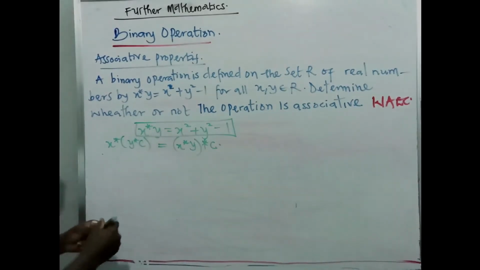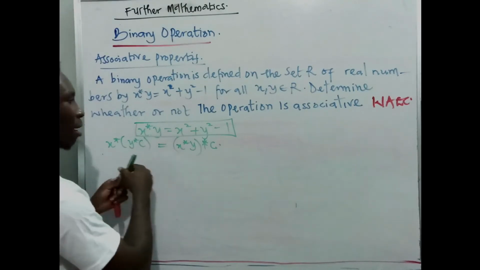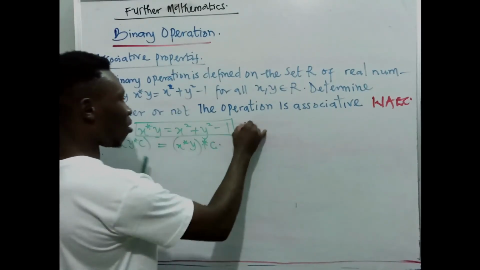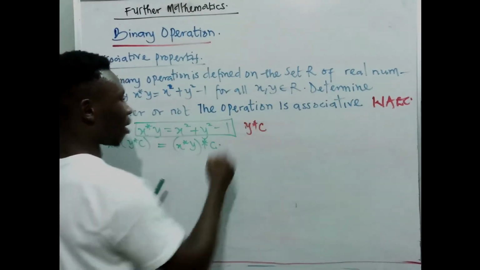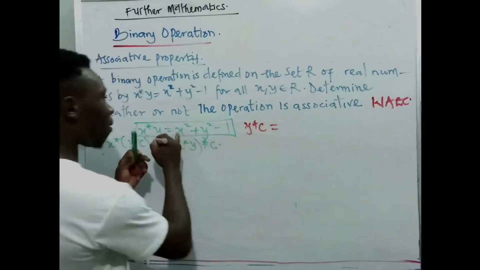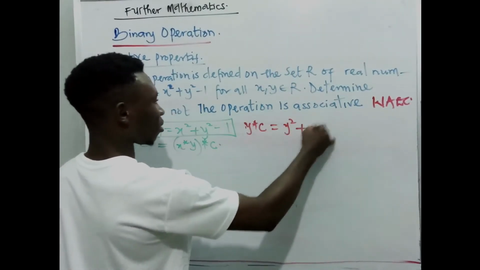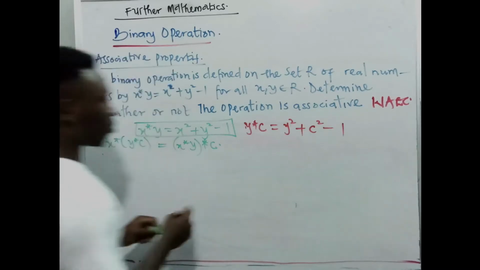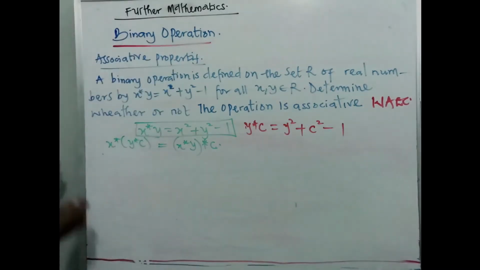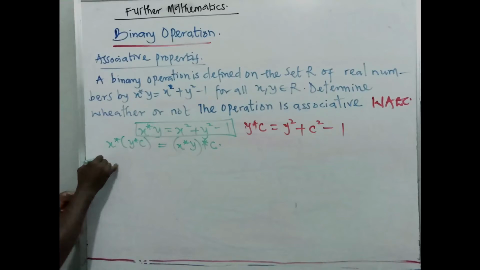So let me make my expression for y asterisk c. The expression for y asterisk c is y squared plus c squared minus 1. Now this is the combination for it.